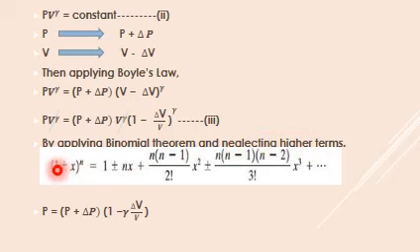That this power of gamma is now multiplying with the variable delta V upon V. So the next step will be just multiplication, and then we will move towards the final equation.